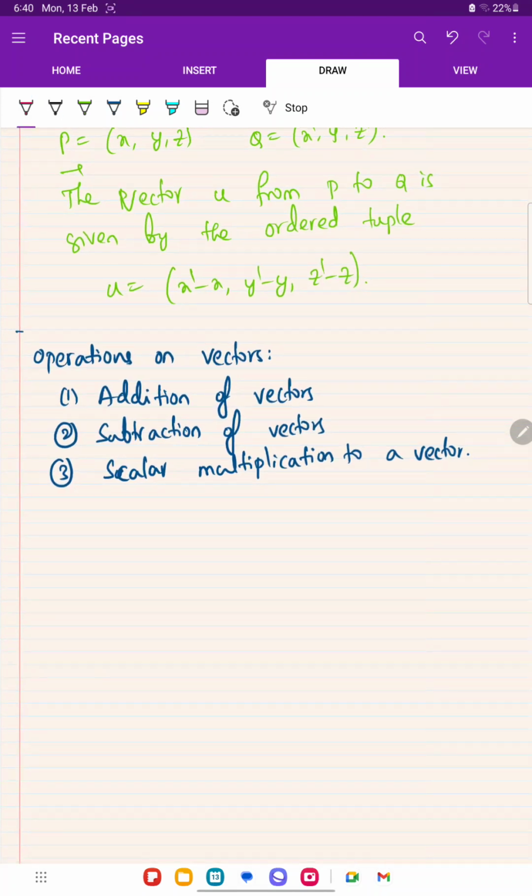Coming to the first, addition of vectors: how to add two vectors?